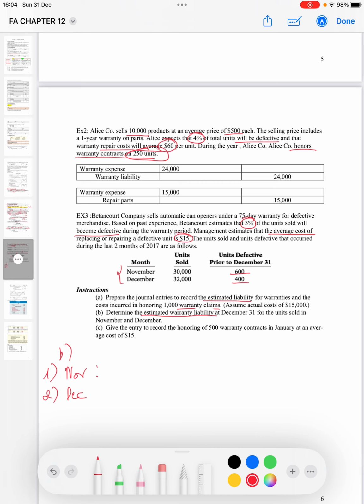For November, there are 30,000 units sold, multiplied by their percentage, and the amount you get is 900. And for December it is 32,000 multiplied by the percentage of 3%, and you get 960.